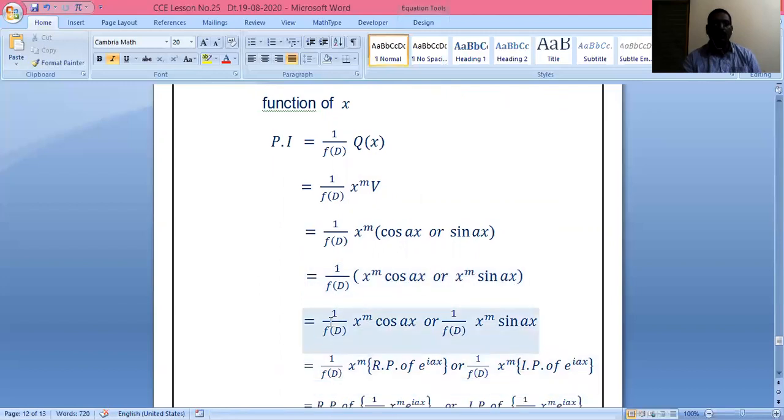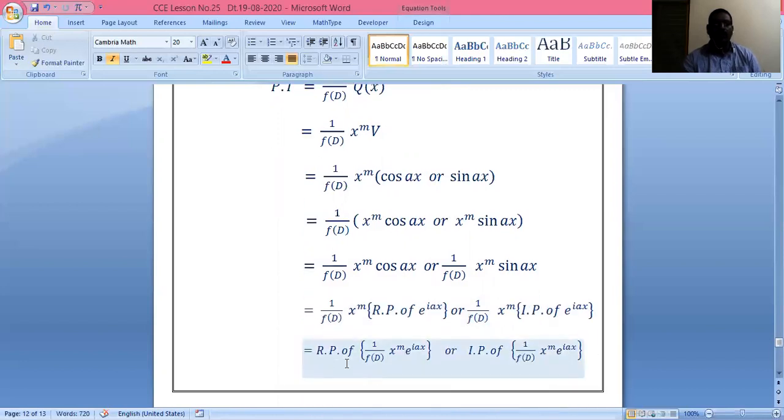That is equal to 1 by f of D into x to the power of m into the real part of e power iax, or 1 by f of D into x to the power of m into the imaginary part of e power iax.